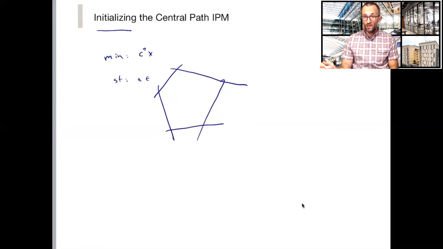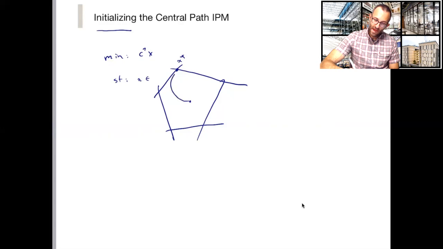We somehow need to get onto the central path. If this is my optimal solution to the LP, the path that we take looks something like that. This is called the central path.